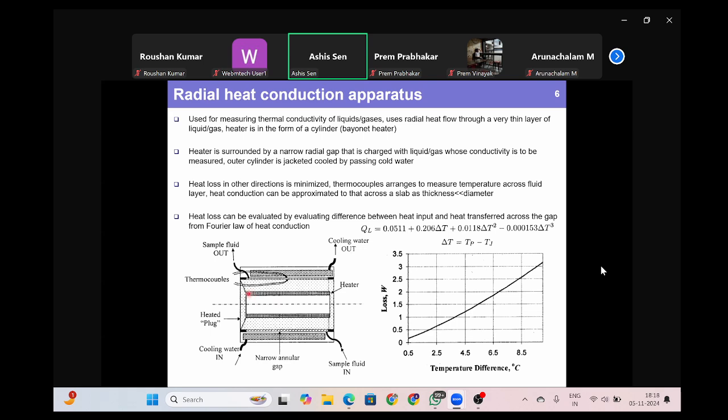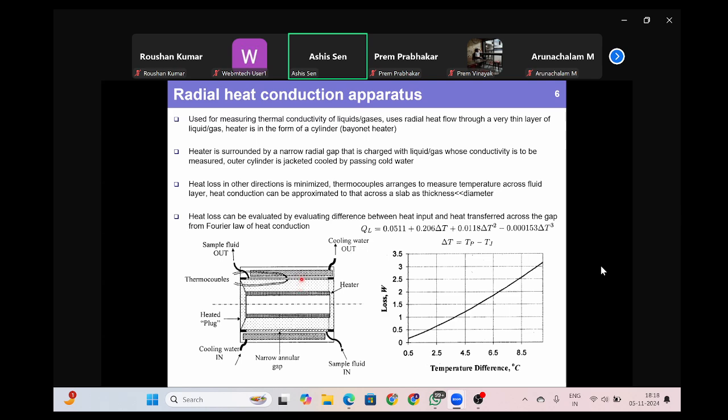So you can see that the heater is basically a concentric heater. Okay, this is a cylindrical heater, and here you have a heated plug. So this is some kind of material that you put in, which avoids direct contact between the heater and the liquid layer.